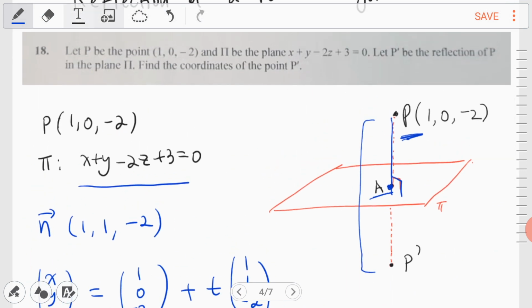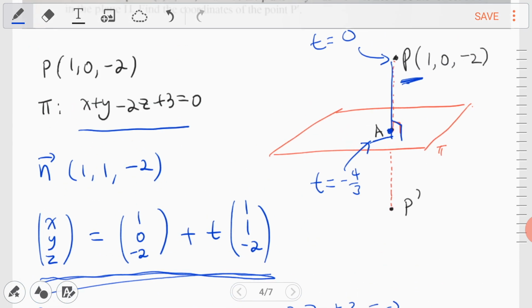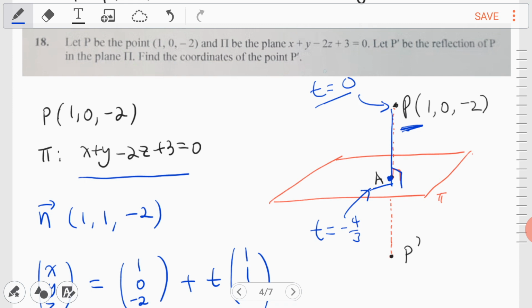If we come back to the diagram here, point A represents the parameter t equals -4/3, and point P over here represents the parameter t equals 0, because if you plug t equals 0 into the equation of the line, you'll get the point P. So from t equals 0 to t equals -4/3, you get from point P to point A. To get from point A to point P', you just have to double this t value, because the distance from P to A is the same as the distance from A to P'.